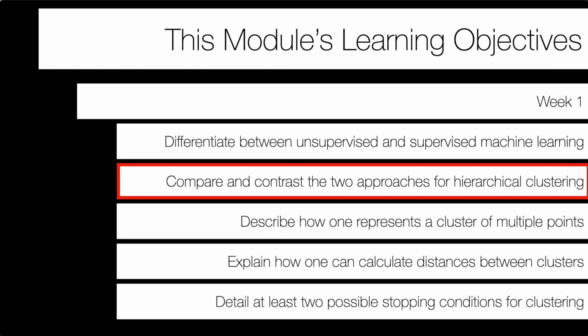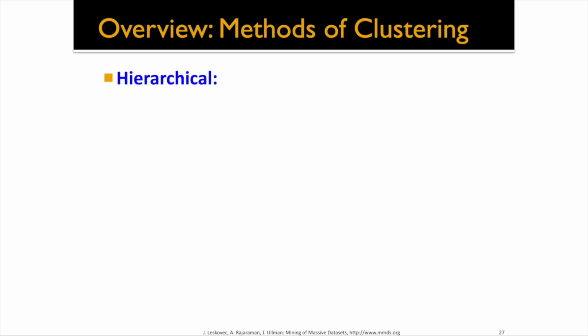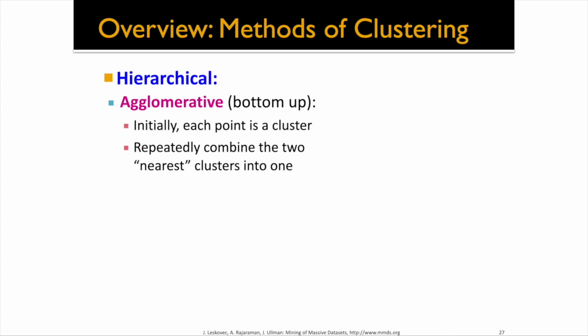We'll talk about this by first introducing two methods of clustering. We'll talk primarily in this lecture about hierarchical clustering, which itself has two subtypes. First there's agglomerative clustering, a bottom-up approach where you start with every point in its own cluster, and repeatedly, through a number of iterations, we combine the two clusters that are nearest to each other in some way.